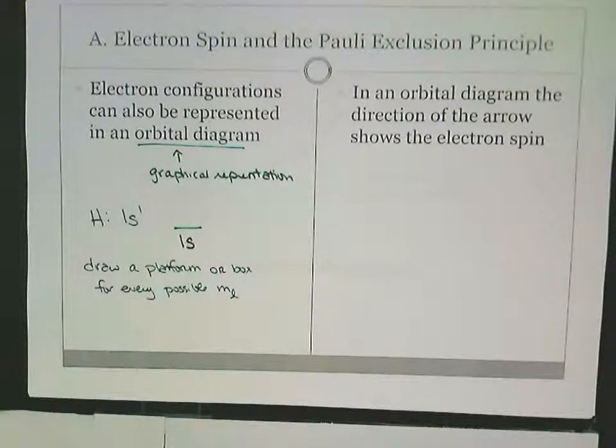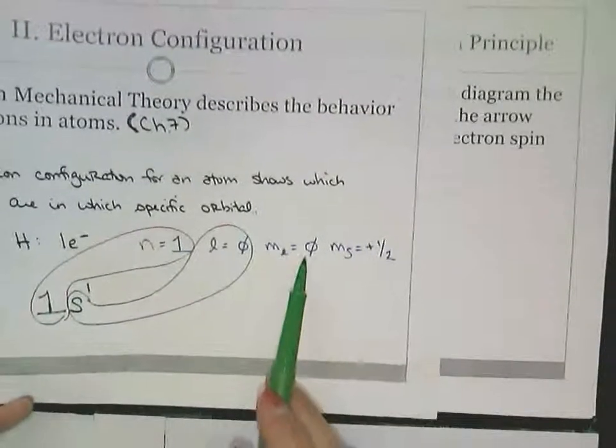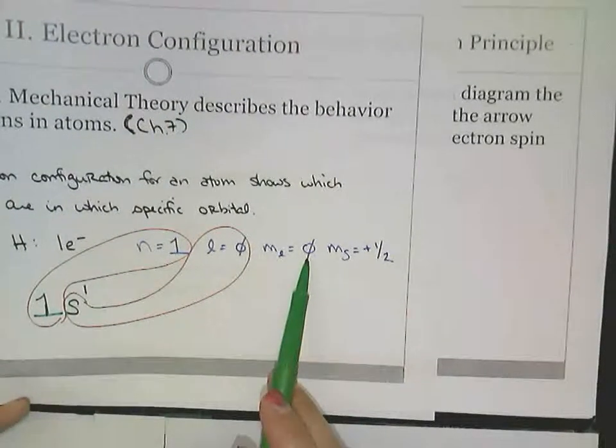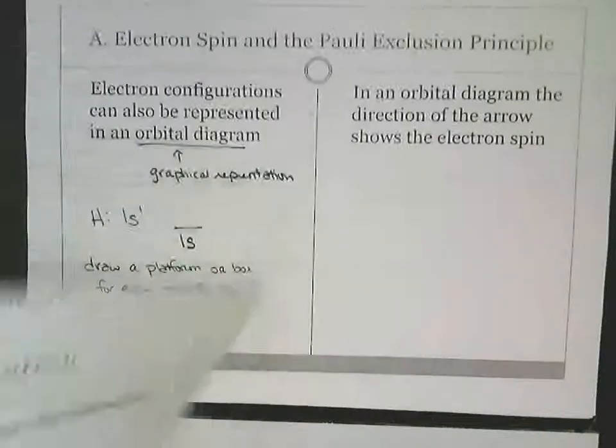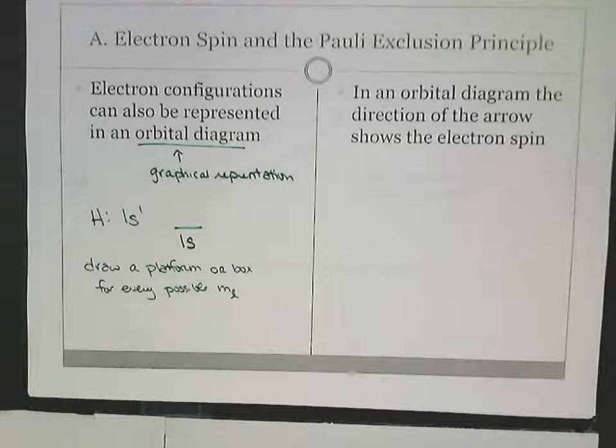How many m sub l's are possible in 1s? Just one, right? There's only one possible m sub l for 1s. It can only be 0. Only one orientation. How many electrons live in that orbital? 2 possible, 1 currently.